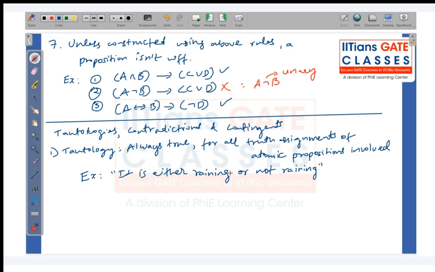What is this law called? If I take P as it is raining, then P or negation of P. What is this thing called? P or negation of P.